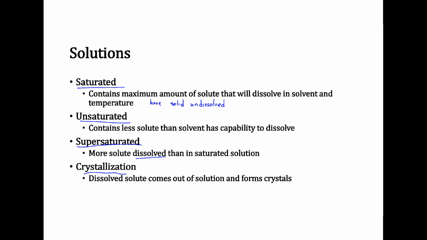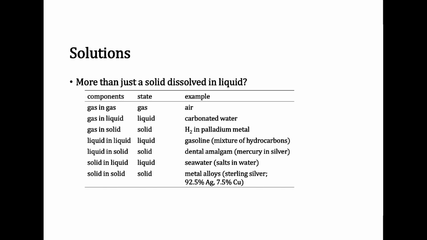So whenever we think of solutions, we're kind of biased in what we're thinking of. We're always thinking about solids or liquids being dissolved in a liquid. But wait, there's more. What we can see is that it's more than just solids or liquids dissolved in liquids. You can have any combination of the three phases of matter that we're focusing on in this class.